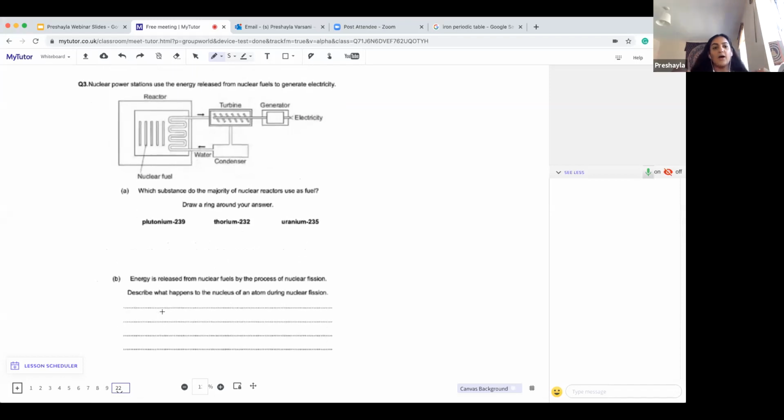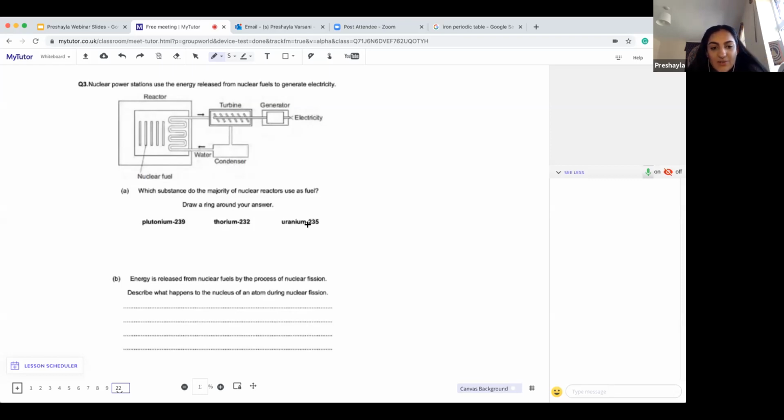Okay, this one is about fission. So we have our reactor, and don't worry about this part here. So which substance do the majority of nuclear reactors use as fuel? Is it plutonium, thorium, or uranium? What do we think?